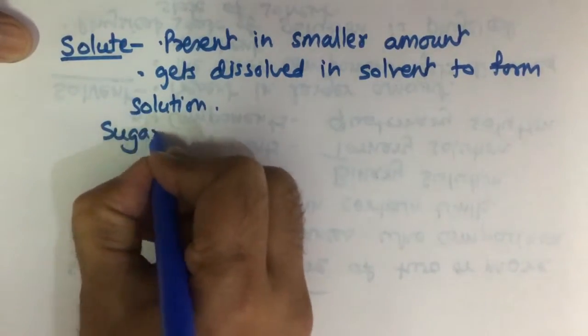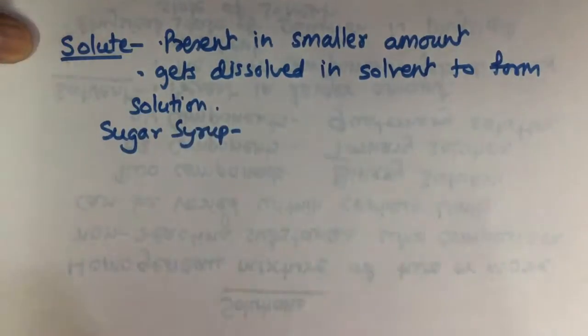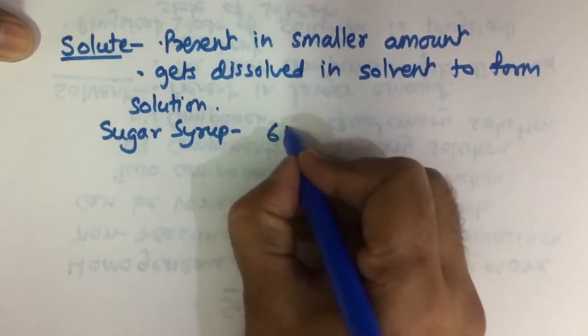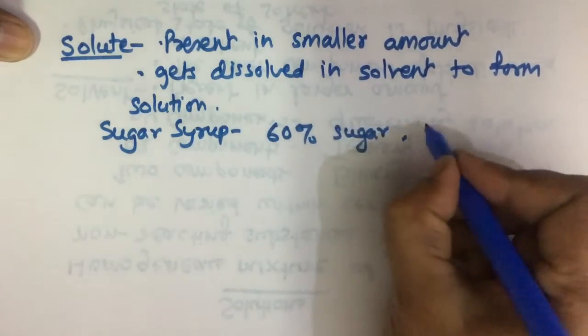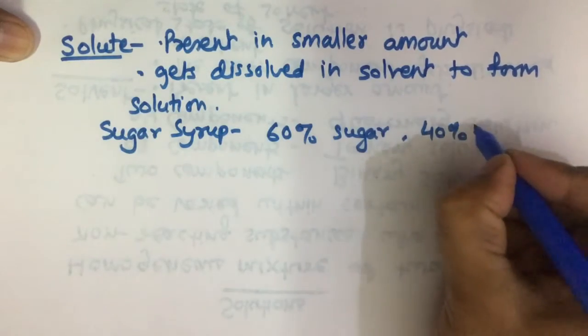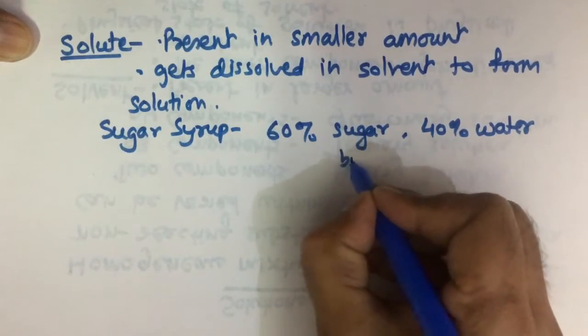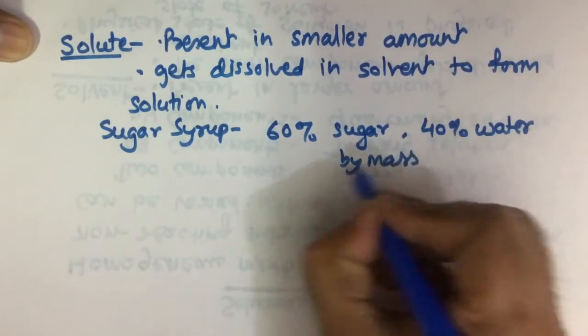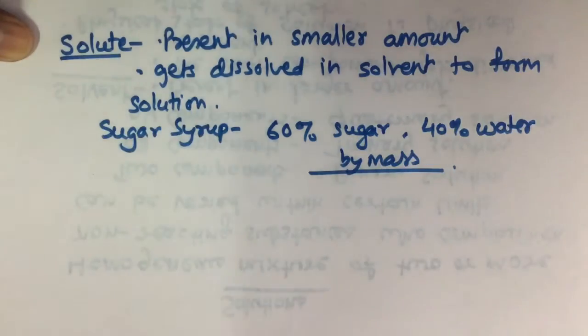Now take an example of a sugar syrup. Suppose it contains 60% sugar and 40% water by mass. Now which one is solute, which one is solvent?